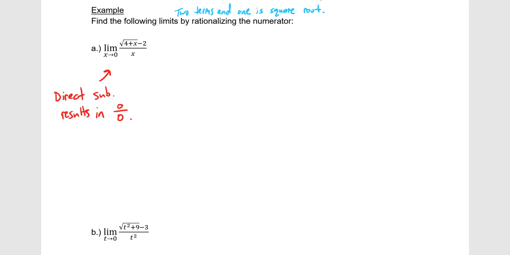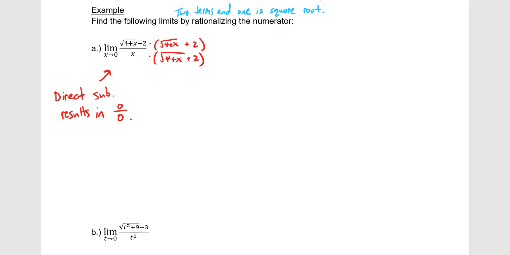So we're going to multiply by the conjugate of the square root of 4 plus x minus 2. The conjugate of that is going to be the square root of 4 plus x plus 2. So if we multiply it in the numerator, we also have to multiply it in the denominator, so we're not changing anything.